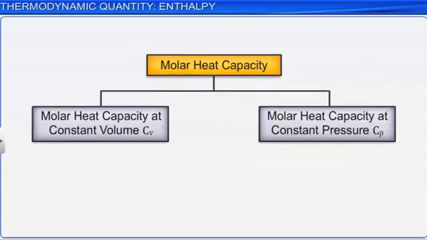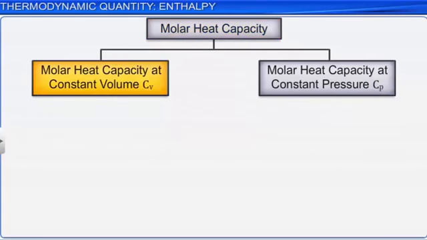We learned that the equation for heat Q is the product of heat capacity and change in temperature delta T. Therefore, at constant volume, heat Qv equals the product of heat capacity at constant volume Cv and change in temperature delta T. But the heat absorbed at constant volume is equal to change in internal energy.